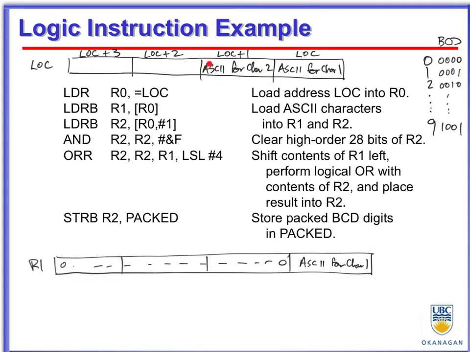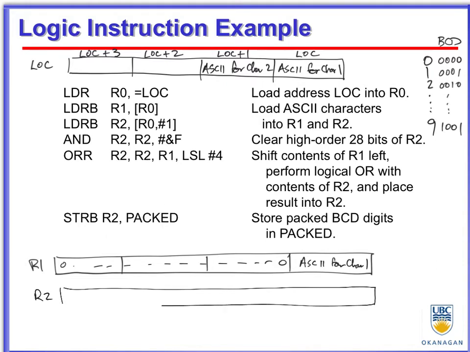So this byte at LOC plus 1 is going to be put into R2. So the ASCII code for CAR2. Okay, so that's the end of the third instruction.